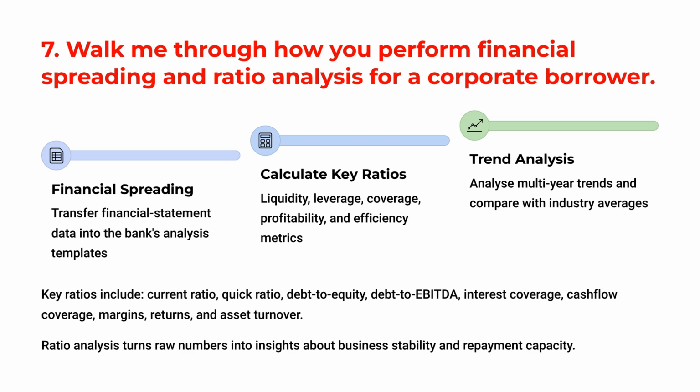Once data is spread, you calculate key ratios: liquidity, current ratio, quick ratio; leverage, debt to equity, debt to EBITDA; coverage, interest coverage, cash flow coverage; profitability, margins and returns; efficiency, asset turnover. You analyze multi-year trends and compare with industry averages. Ratio analysis turns raw numbers into insights about business stability and repayment capacity.